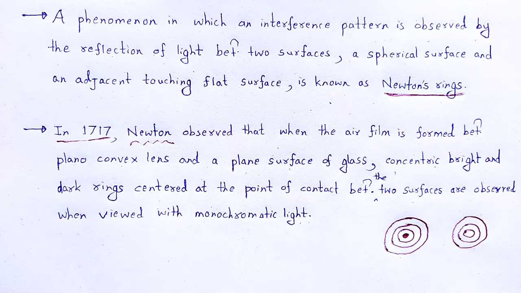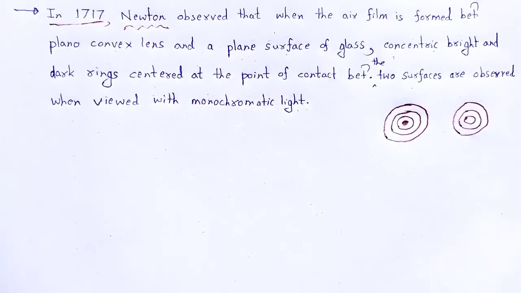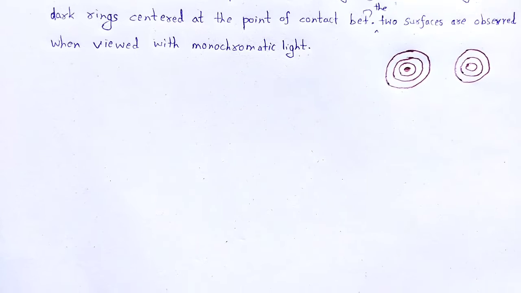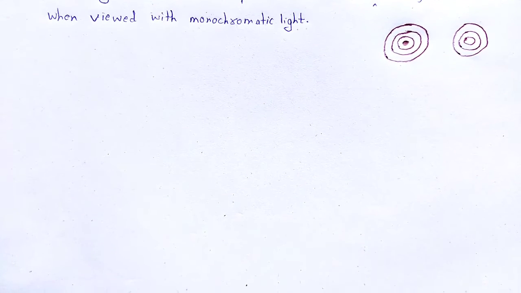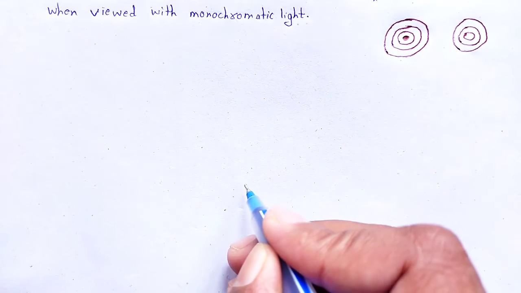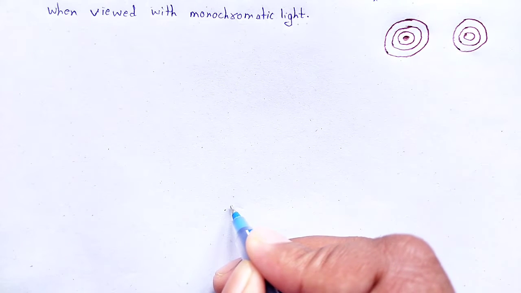Now we have to study the experimental setup adopted by Newton to get that type of interference pattern. That is its setup.